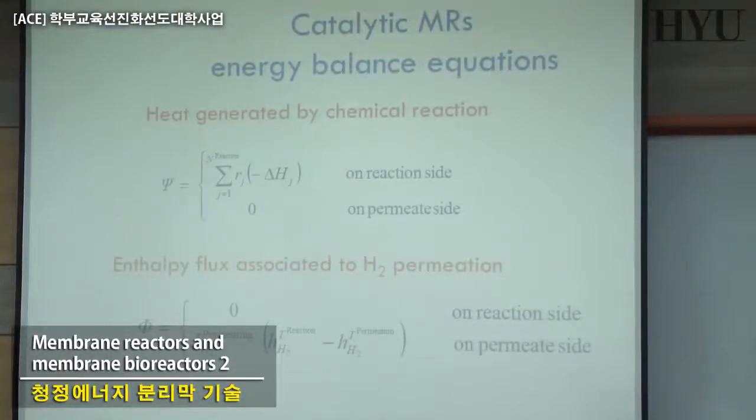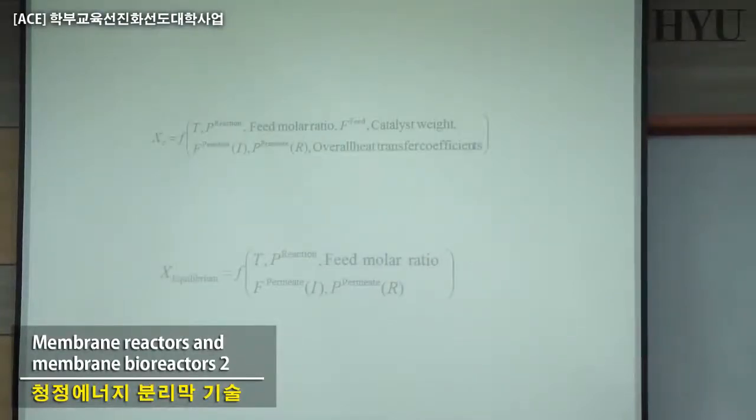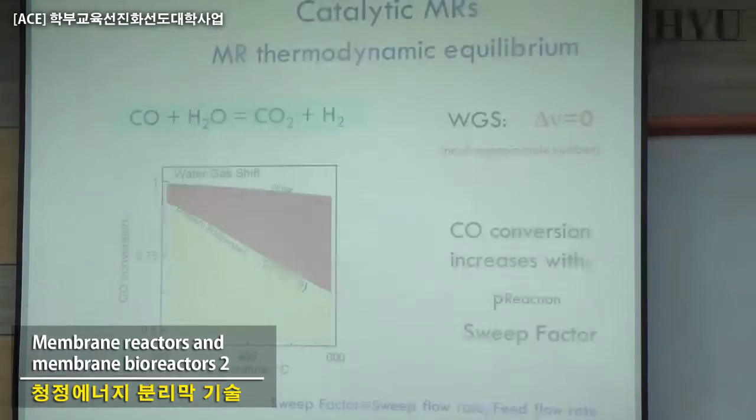At the end, you can have an energy balance equation in which you have to consider the heat generated by the chemical reaction. A chemical reaction, as you know, can produce energy or can absorb energy. So you have to consider this change in the heat generated on the reaction side and on the permeate side, and the enthalpy flux associated with hydrogen permeation, which is present in the permeate, not on the concentrate side.